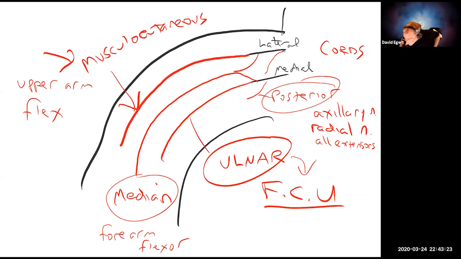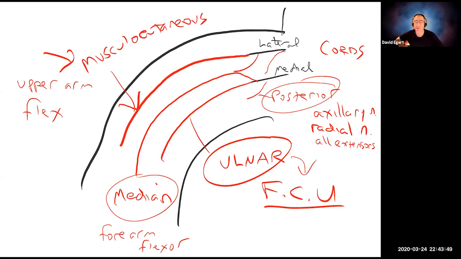The only exception, radial nerve actually does do one flexor. What is the one flexor that actually is on the radial side here? This big, actually, what's the big? Brachioradialis. Yeah, brachioradialis is actually done by radial nerve. So it's the exception that proves the rule.